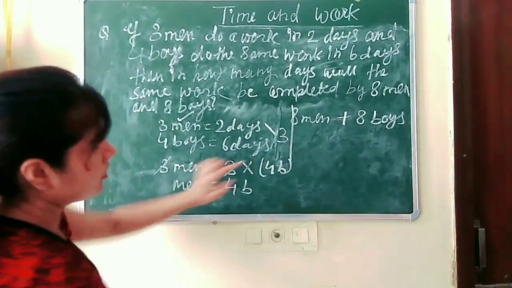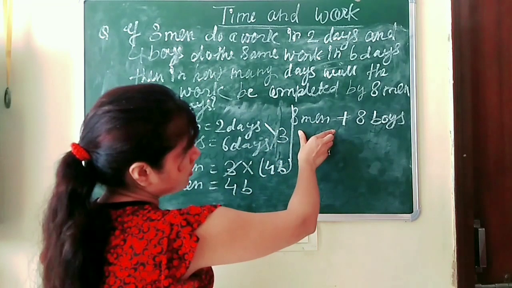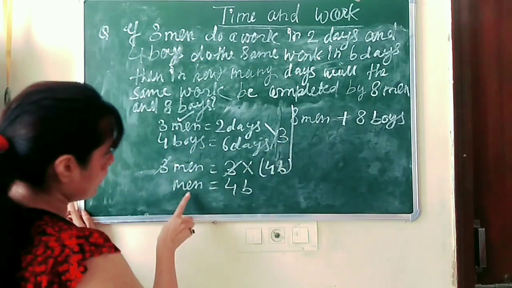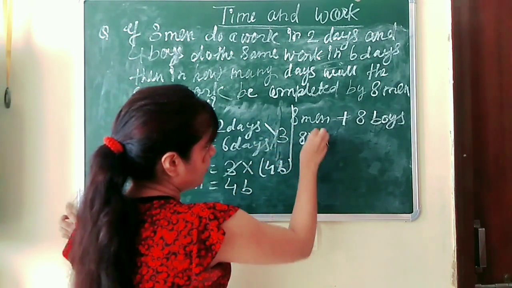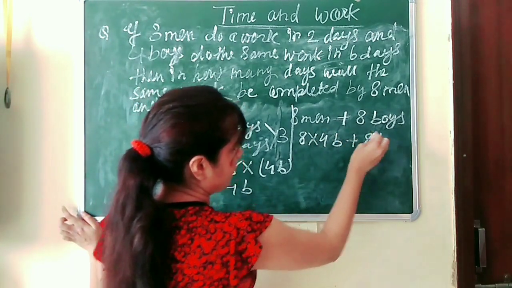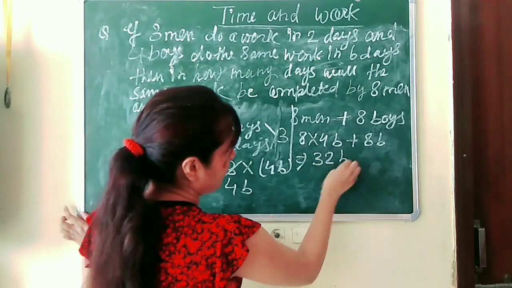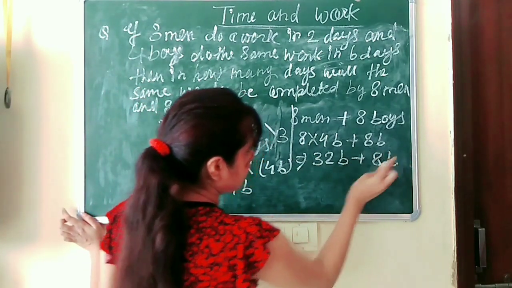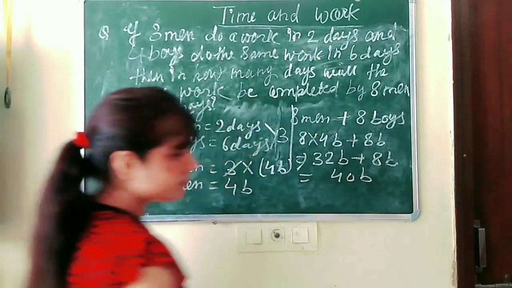So in the equation here, we first convert the 8 men into boys. Since 1 man is equal to 4 boys, 8 men is equal to 8 into 4 boys plus 8 boys. 8 4s are 32 plus 8 boys, so the total number of boys will be 40 boys.